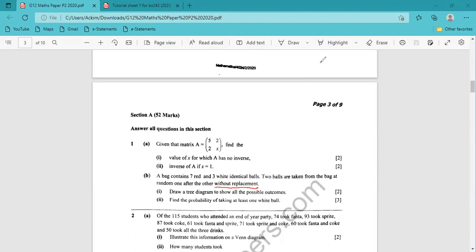So let's interpret this. The first question is to draw a tree diagram to show all the possible outcomes. So we need to draw the tree diagram showing all the possible outcomes. So let's go to our board.